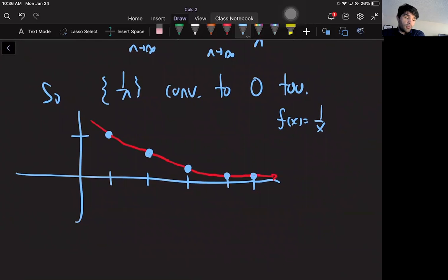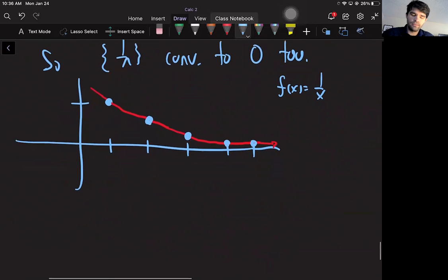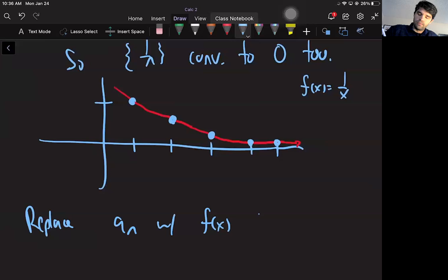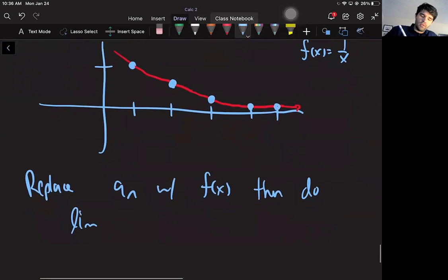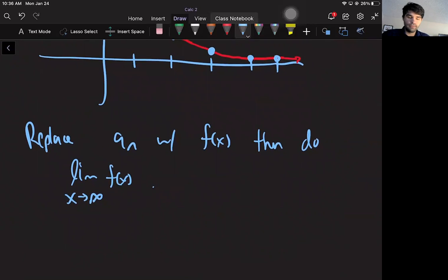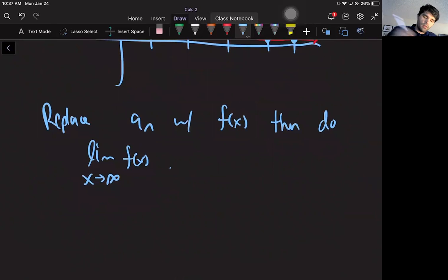So the trick is to just replace a_n with a matching function, and then do that limit with Calc 1 tools. So you really just change it into a Calc 1 problem every time. Okay, so that's the idea. I guess I could, yeah, we'll just do examples.